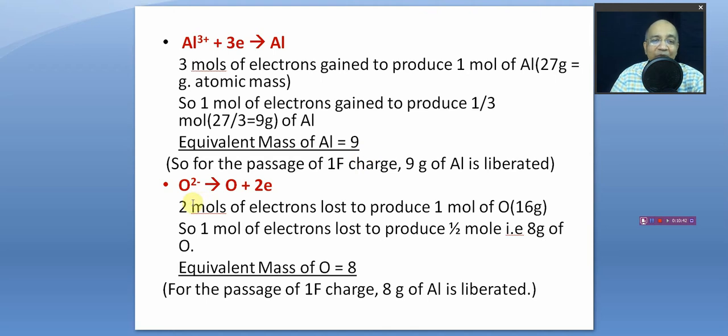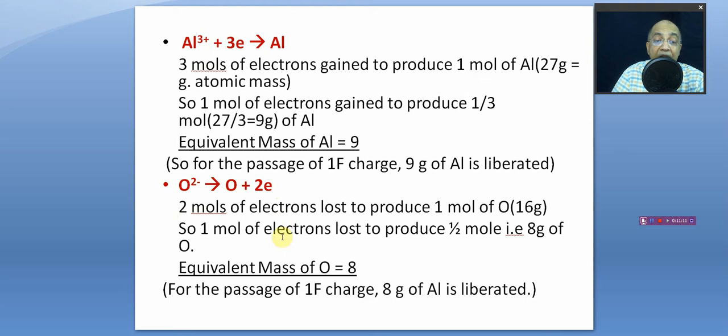Similarly, for example, in most cases, oxide ion gives oxygen, or oxygen gives oxide ion. In any reaction where oxygen is produced, forget about 2 oxygen atoms forming a diatomic molecule. You are only thinking about the production of oxygen atom in the elemental state, right? 2 electrons are involved.